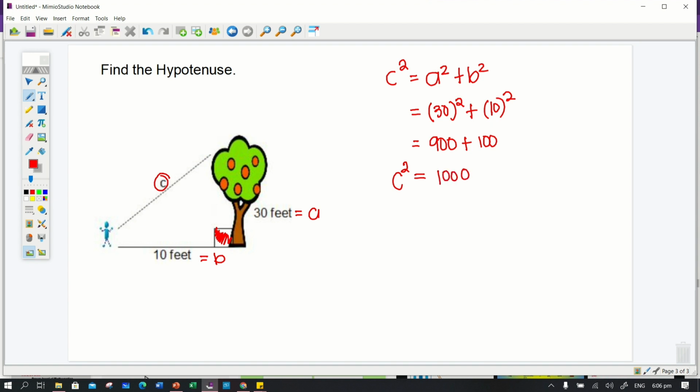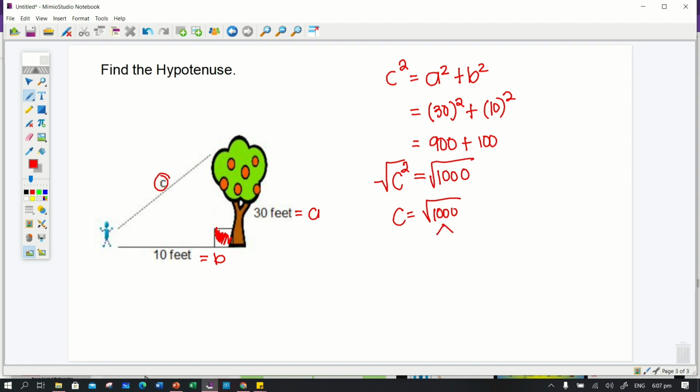So to find the value of the hypotenuse, we will apply extracting square roots. So here we have c is equal to the square root of 1000. There are some instances that we're going to simplify your answer in simplest radical form. And 1000 is not a perfect square, but we can simplify this in simplest radical form.